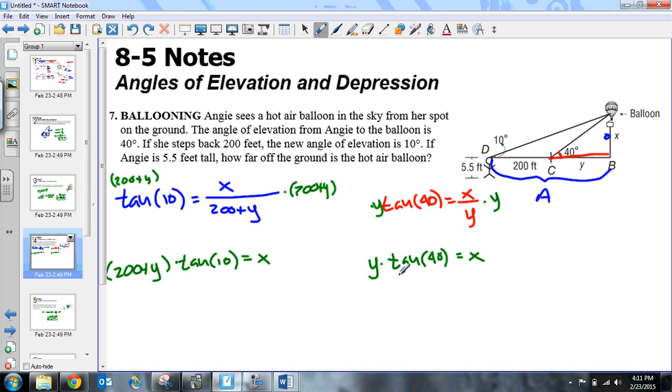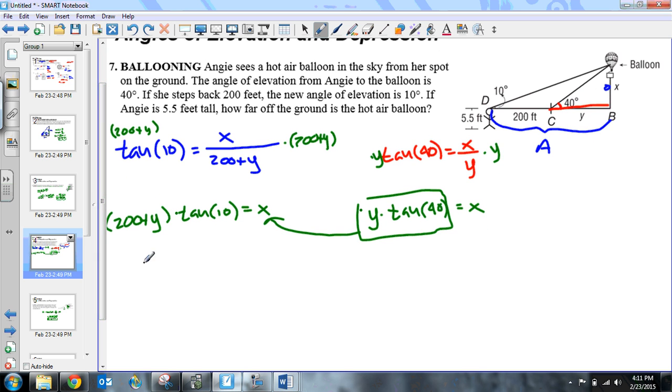Because both of these are equal to x, I can set them equal to each other. So 200 plus y times the quantity tangent of 10 is going to equal y times tangent of 40.